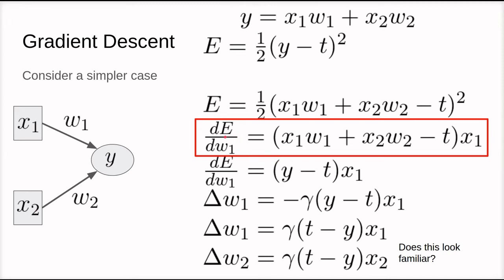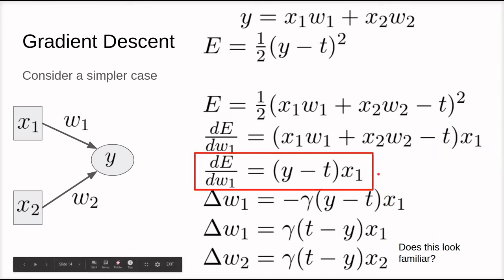We see that in the derivative of the error function, the exponent comes down, cancels out the half, and then it's simply the weighted sum inside the parentheses, and then we take the derivative of the weighted sum with respect to weight 1, and that derivative is simply x1.